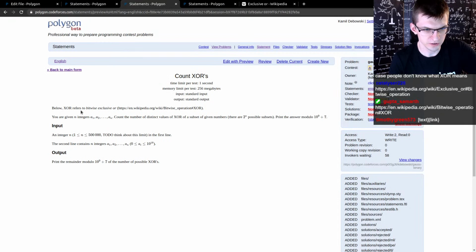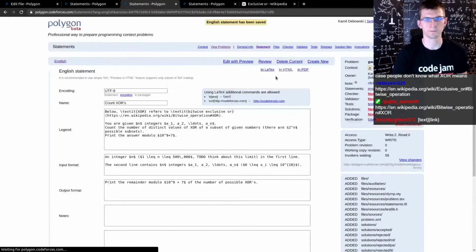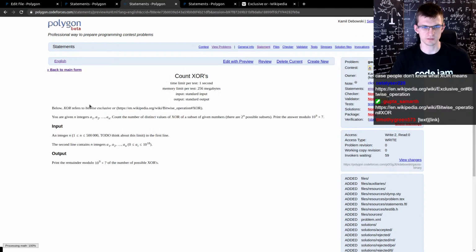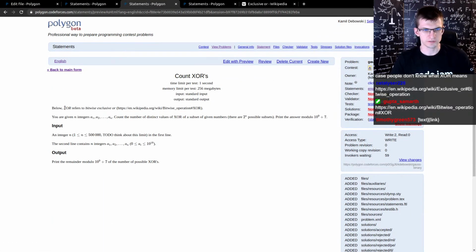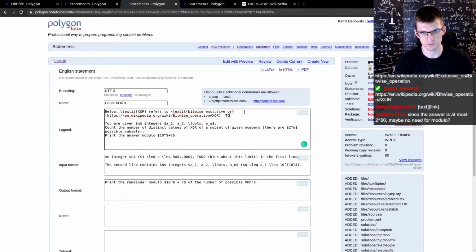Below, XOR refers to bitwise exclusive OR. I'm not sure about formatting. XOR refers to bitwise exclusive OR. And we want this to be a link, but I don't know right now how to make a link. To make a link. Oh, it's here. URL.